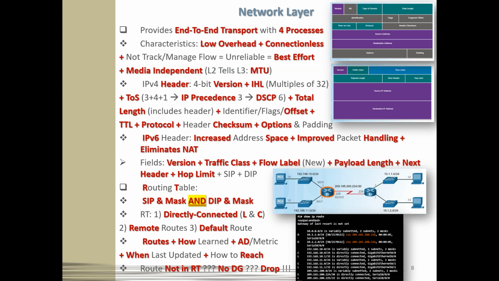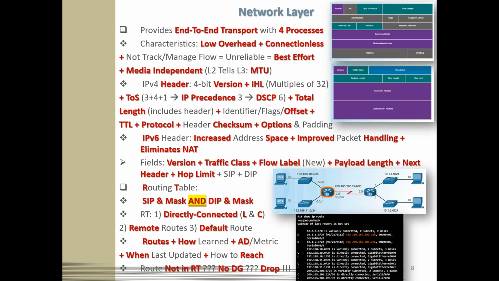In this case, it is going to be 1.1.1.0/24. This is the source subnet or source network within which the sending host resides. And then we have the destination address, let's say 2.2.2.2, and the subnet mask for the destination network is /24.